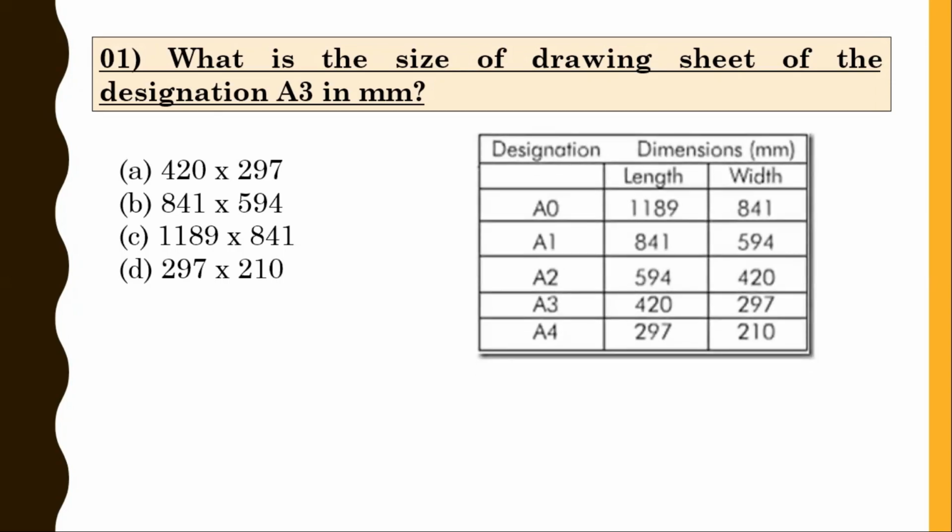Let's see different size of drawing sheet. So here the 5 different sheets are given, A0 to A4. Now A3 designation, that sheet is 420 by 297. So our answer is A, 420 by 297.